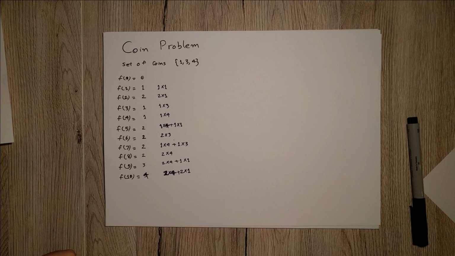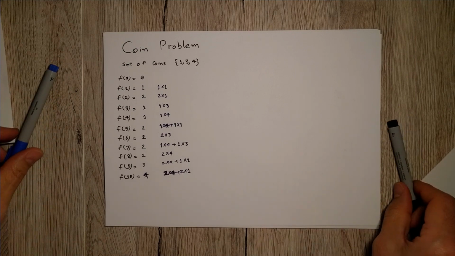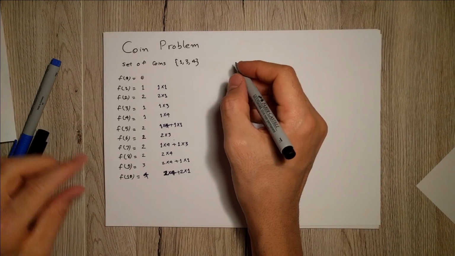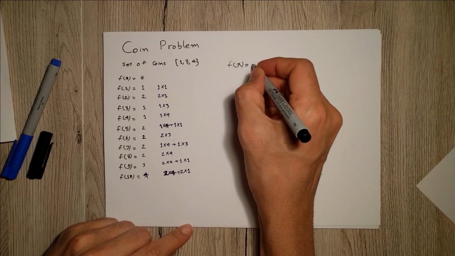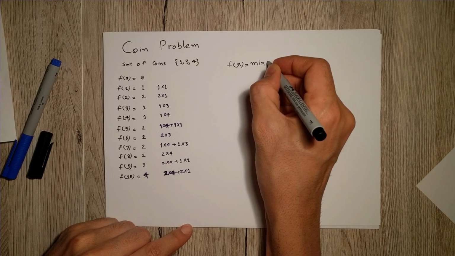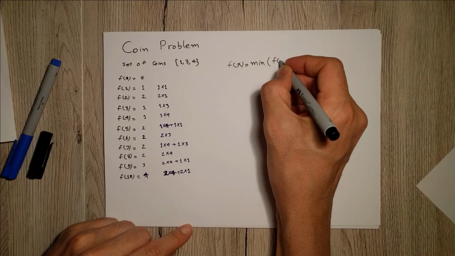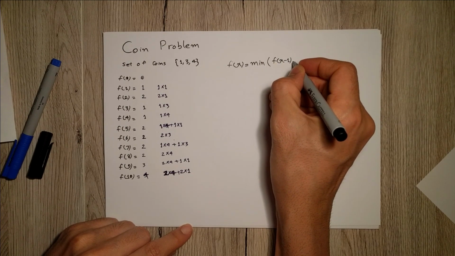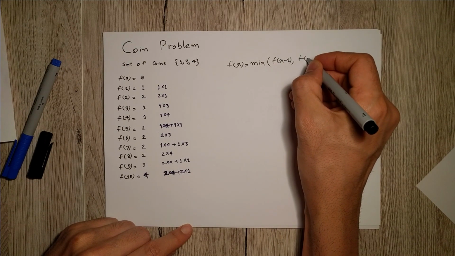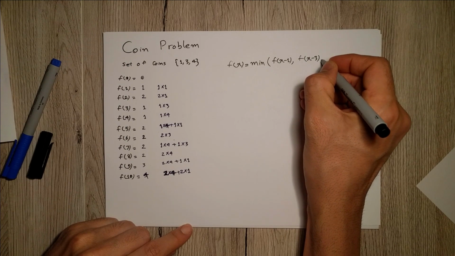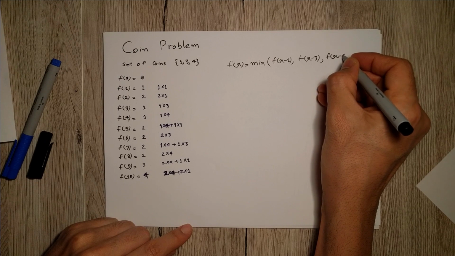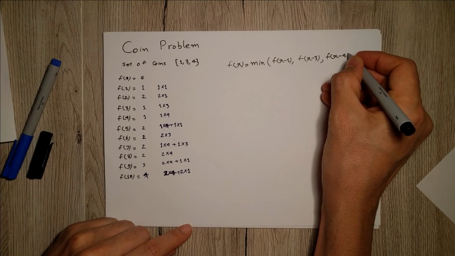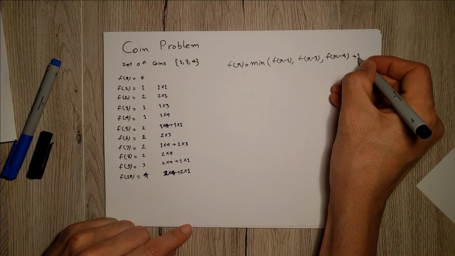Okay, so if I want to write the recursion part, you can see f of x is going to be the minimum of f of x minus 1, f of x minus 3, and f of x minus 4, plus 1.